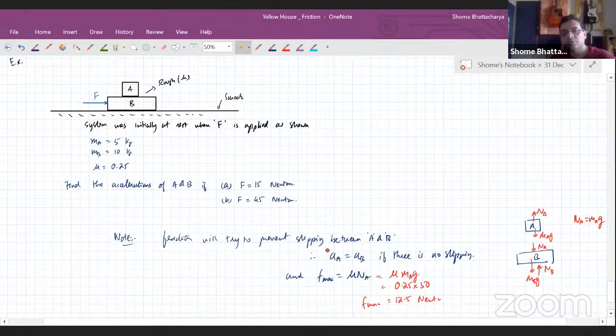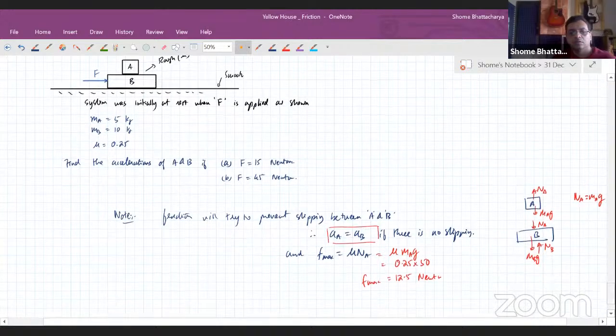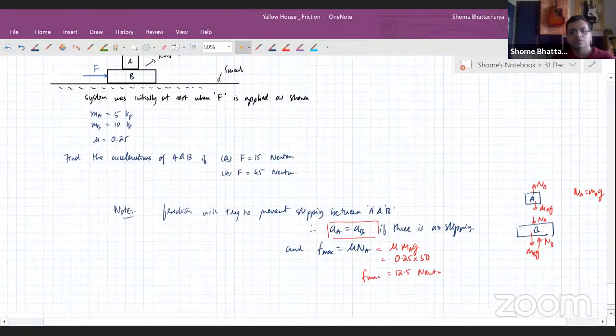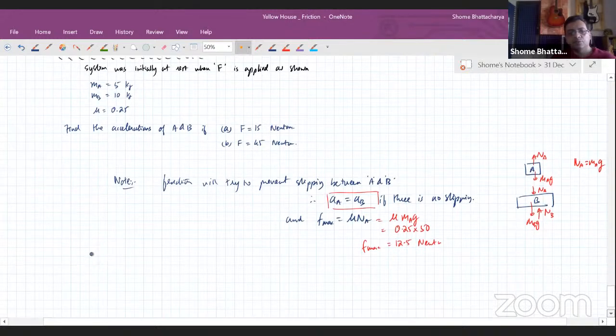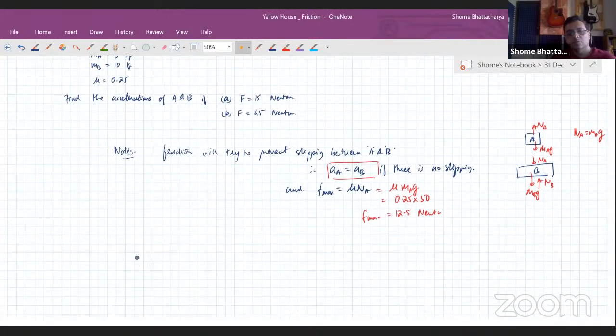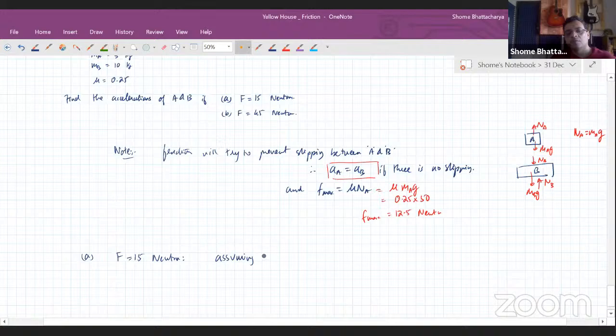But what is friction trying to do? It is trying to do this. It's not trying to bring the block to rest. It's trying to do this. Okay. So for the first part, when we apply the force of 15 newtons, okay, if we assume no slipping, that is the friction acting is static friction.